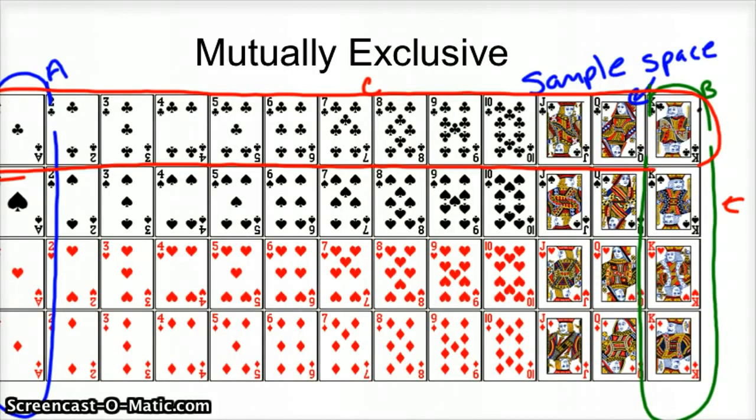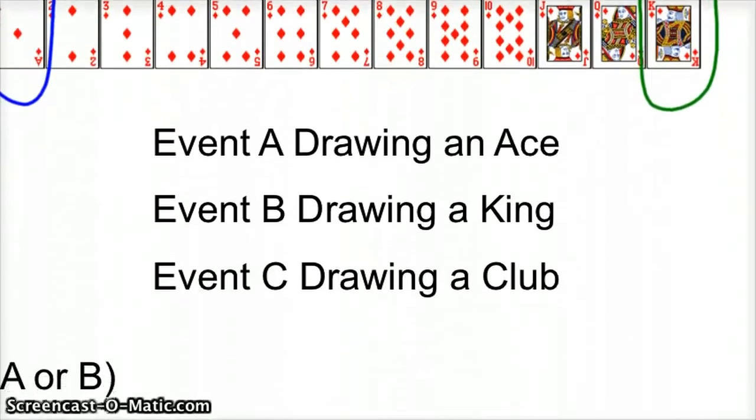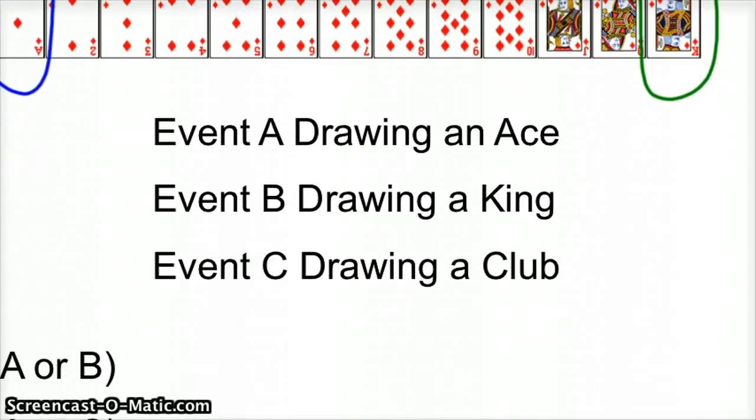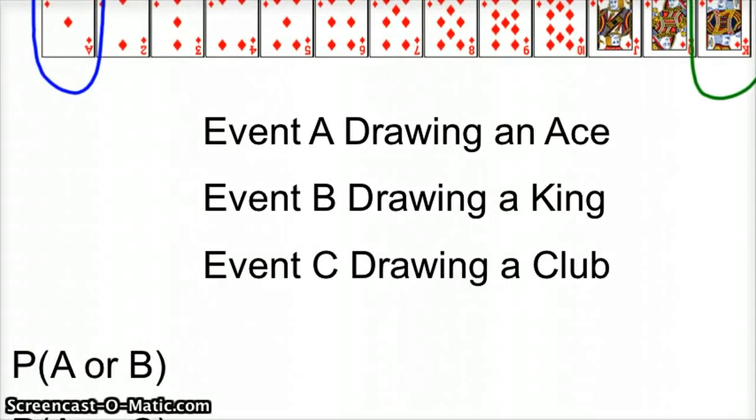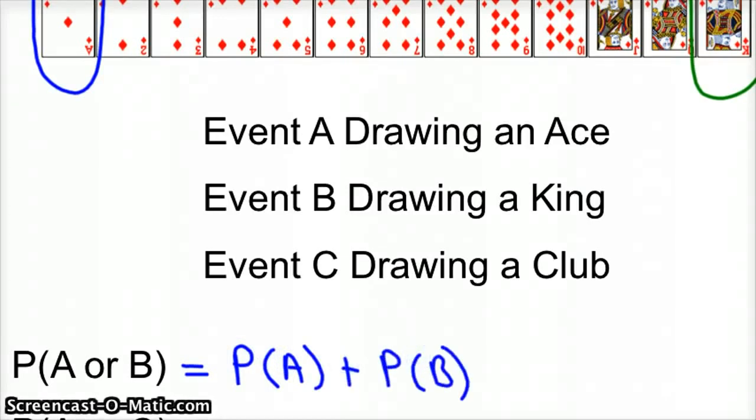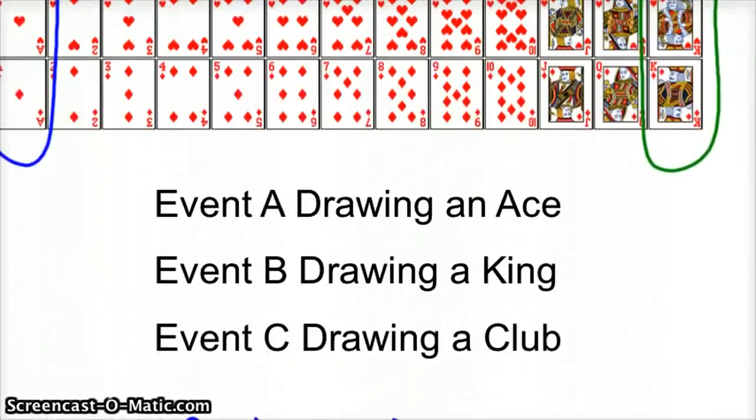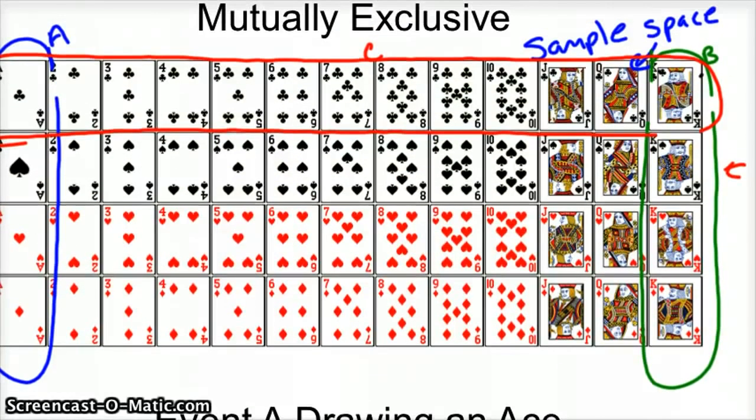Okay, so there's that part of it. So let's go to the events that are mutually exclusive. If they are mutually exclusive, it's fairly easy to figure out the probability. You just add the two probabilities. Since these are mutually exclusive events, an ace or a king, we can just add the two together. So it would be probability of A plus the probability of B. Going back up to our deck of cards, there's 52 cards in our sample space.